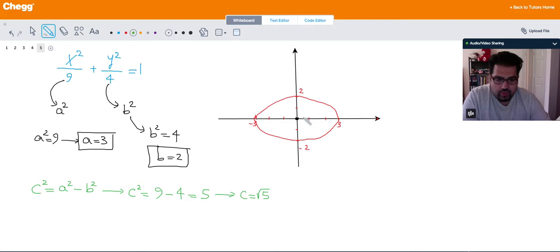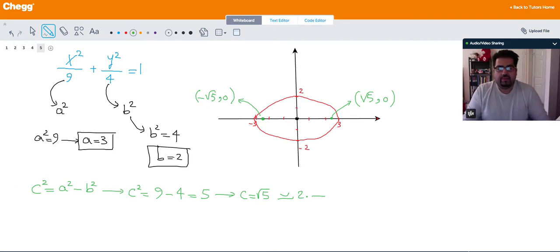The root 5 is something about 2 point something, so they are going to be around here and here. So I'm going to write the position of the first focus, where x is root 5 and y is 0. And the other one is negative root 5 and 0.